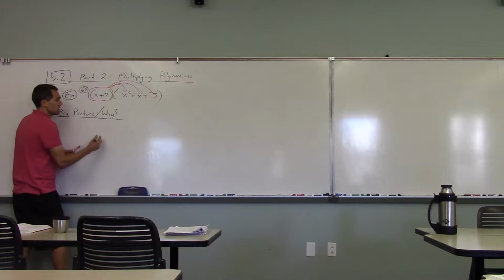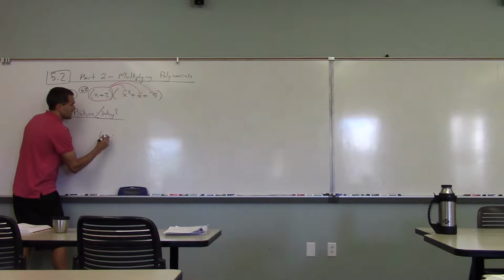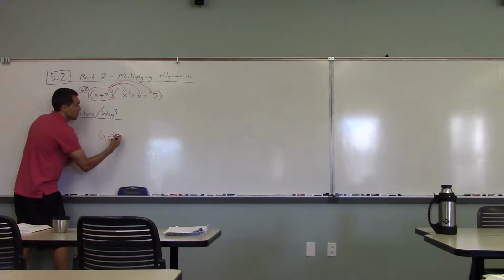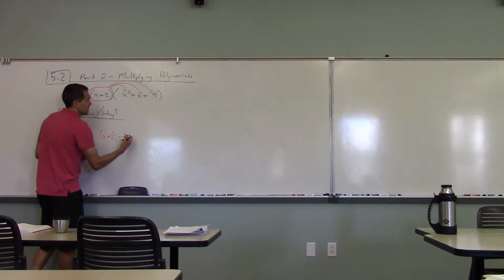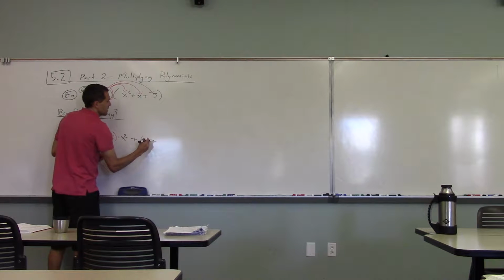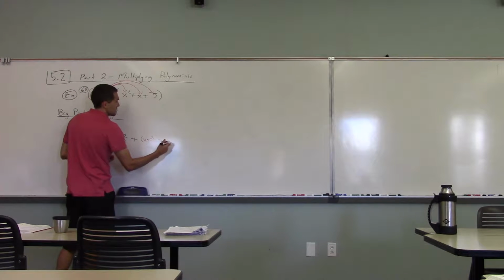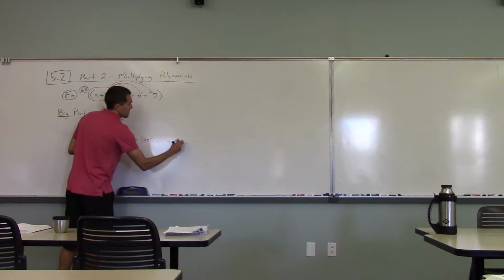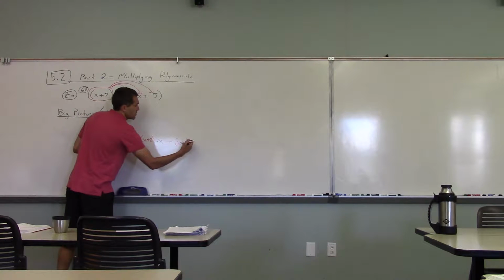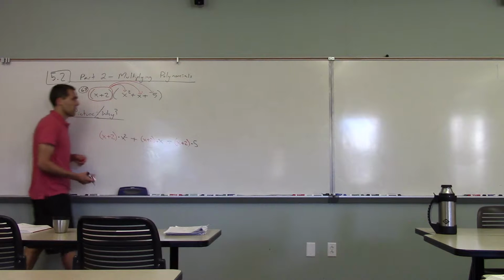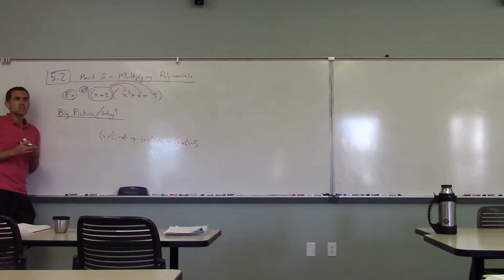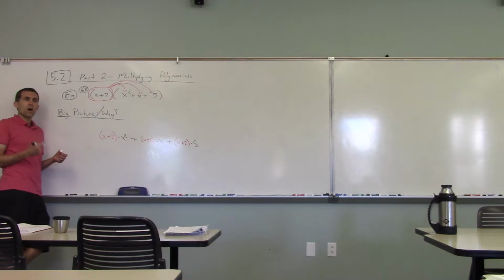Okay, so what this is really saying is x plus 2 times x squared, plus x plus 2 times x, plus x plus 2 times 5. Right, so after we distribute in that parentheses, and this is not how we're going to do it, I'm just showing you the why.